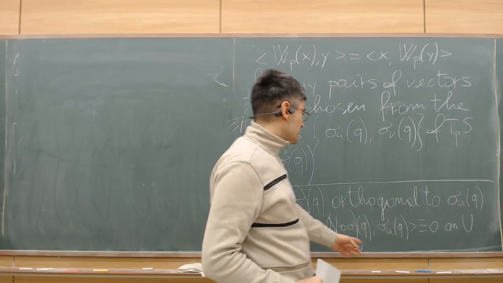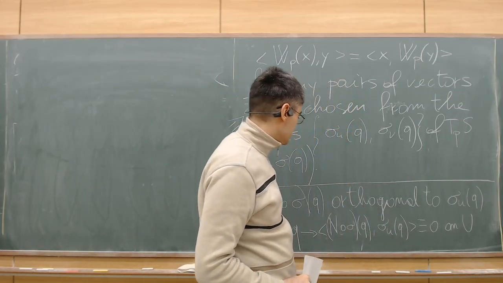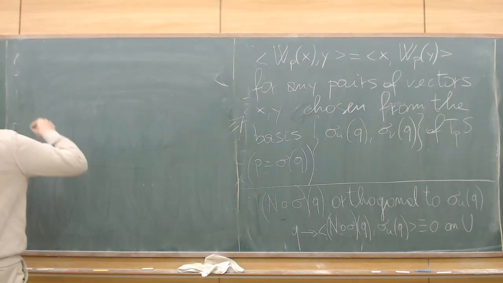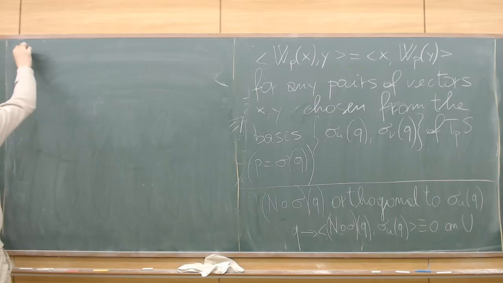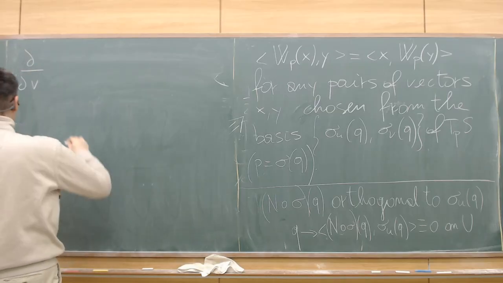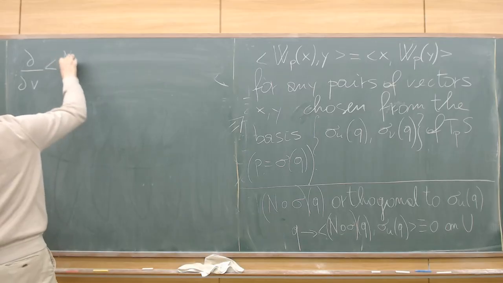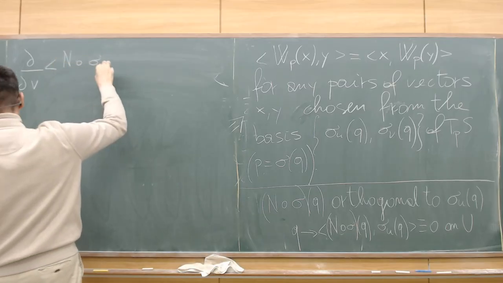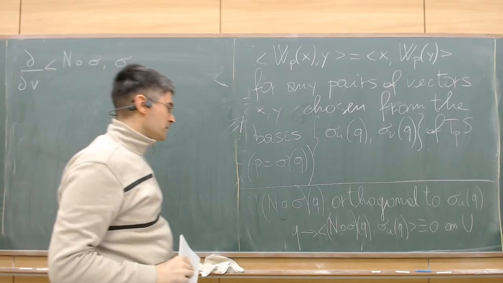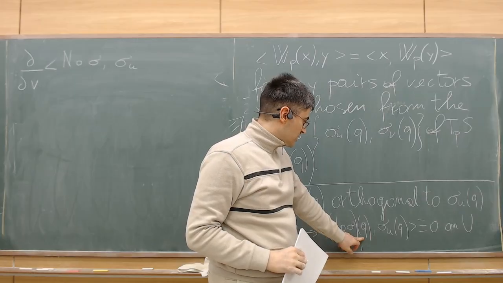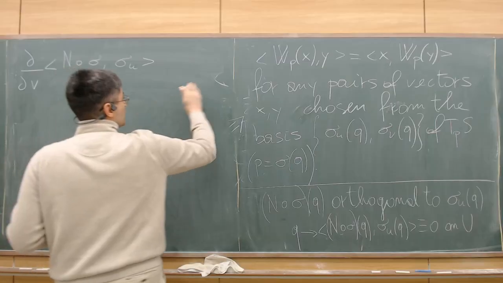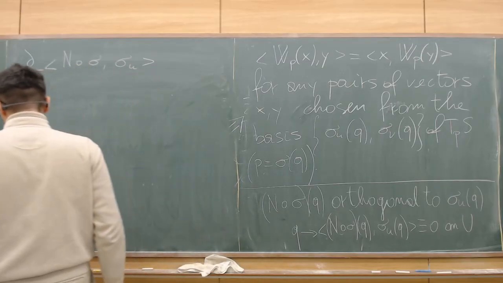If this is the function identically 0, its derivative will be 0. So we consider the partial derivative with respect to v. And here I am dropping the symbol for q to make the computation easier.